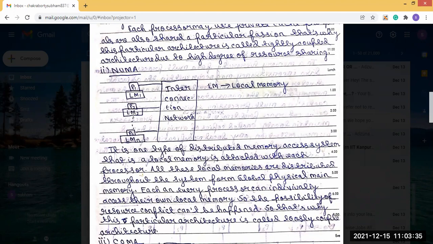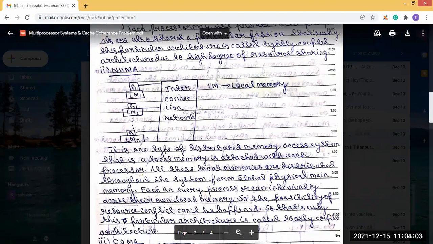There is no resource sharing option or conflict of resource. That's why this particular architecture is called a loosely coupled architecture. There is no problem of resource conflict, because each processor will only access its own local memory. It will not access the shared memory.